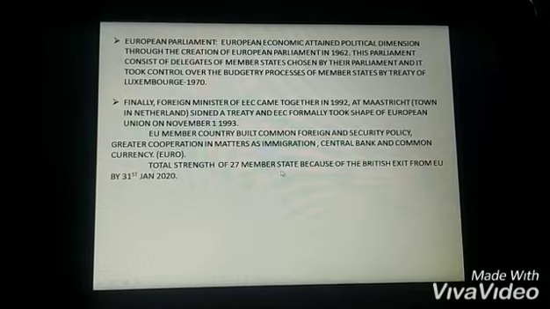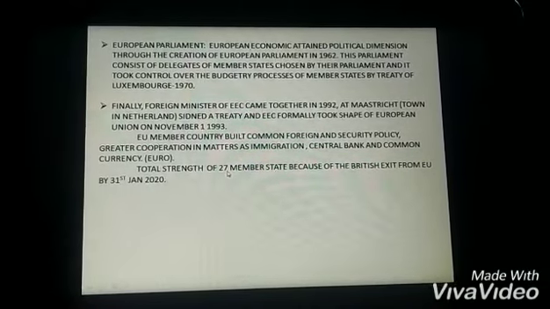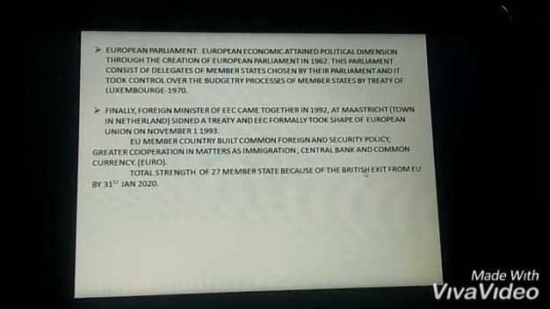The total strength of the member states is 27 since the exit of Britain from the EU on 31st January 2020. Please keep that in mind. It was previously 28 with Croatia as the new member, but at present it is only 27 members, because Great Britain left.